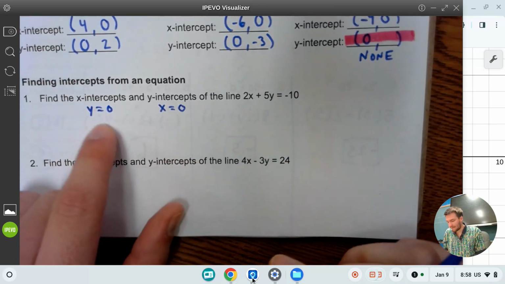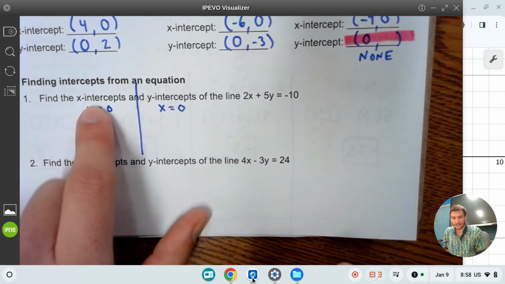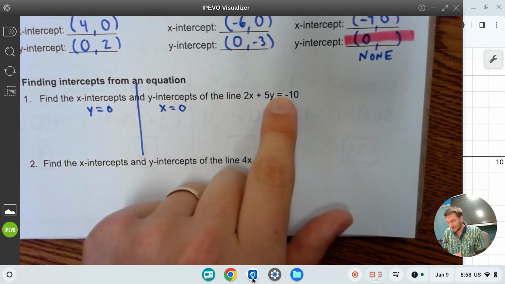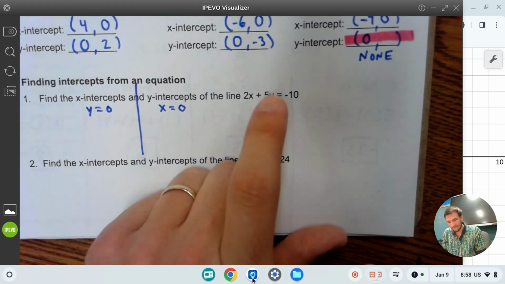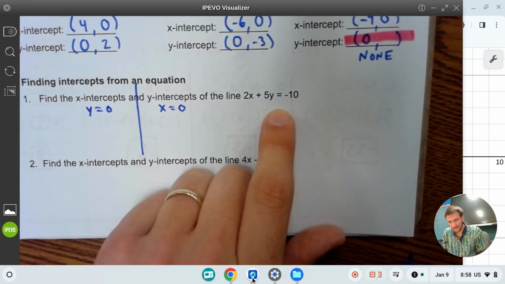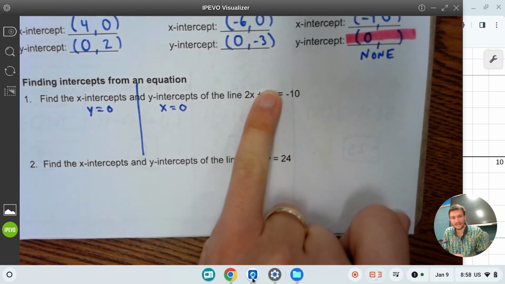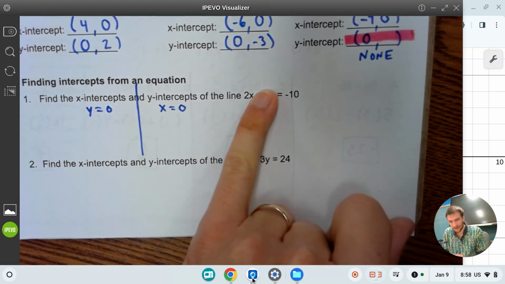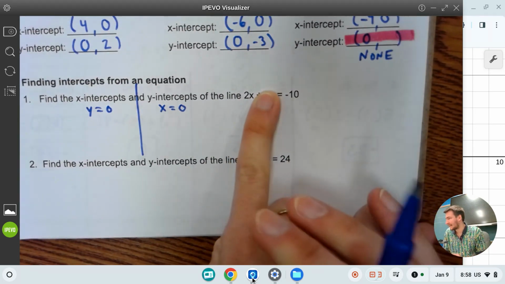And so if I want to find, let's work with the x-intercepts. I know that the y is going to be 0. And we're going to have 5 times 0. And so we're going to have that whole piece just disappear. And the only thing we're going to have is 2x equals -10.